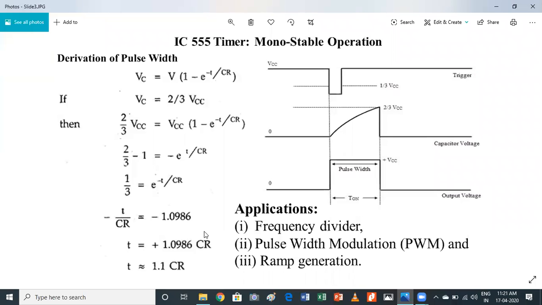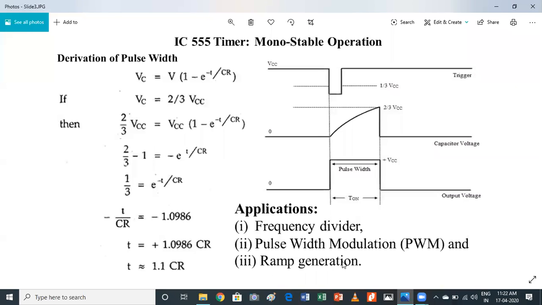timer output. Using this monostable mode operation, some applications are available: the frequency divider, pulse width modulation, ramp generator. The frequency divider can be used to divide the frequency, and in pulse width modulation the width is going to change.